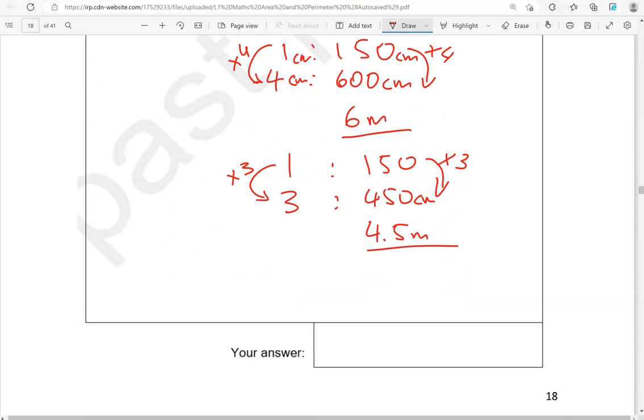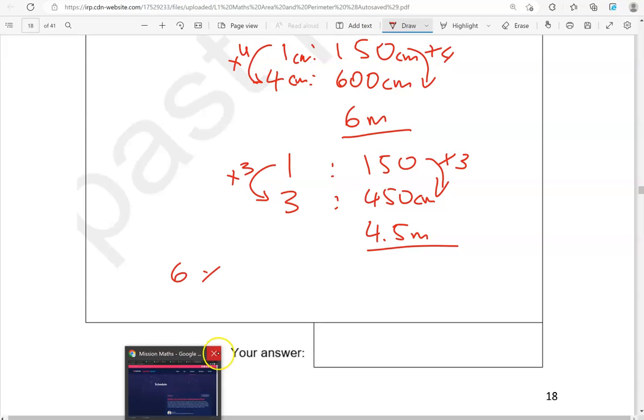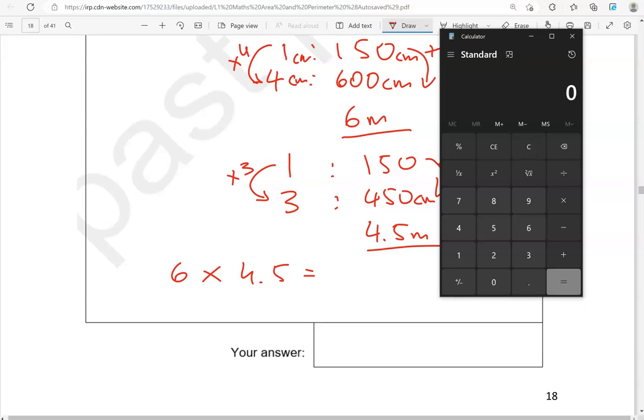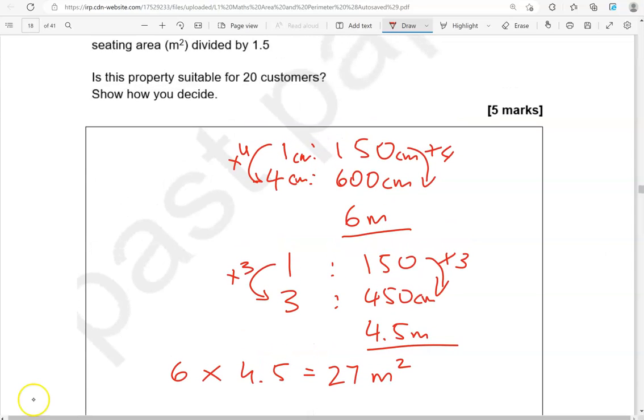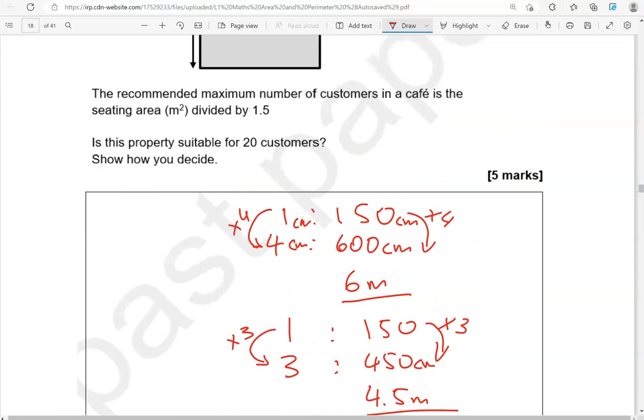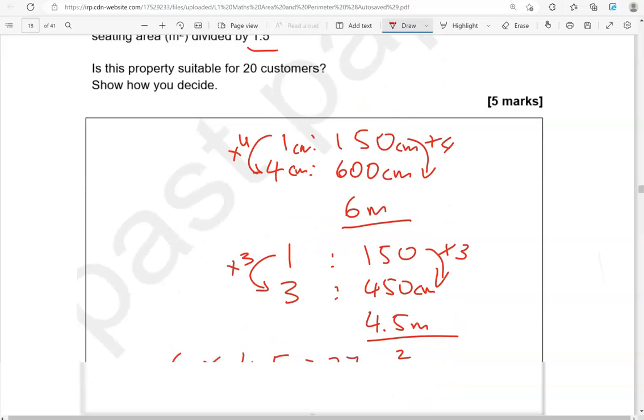We can work out the area by doing 6 times 4.5, which is 27 square meters. So the area, we need to divide that by 1.5.